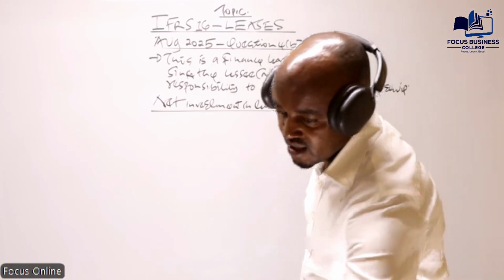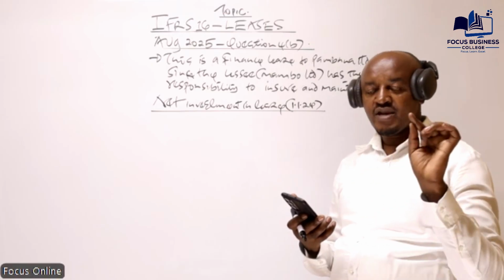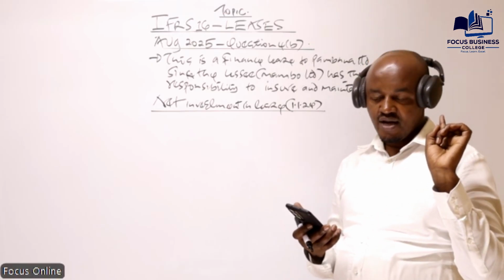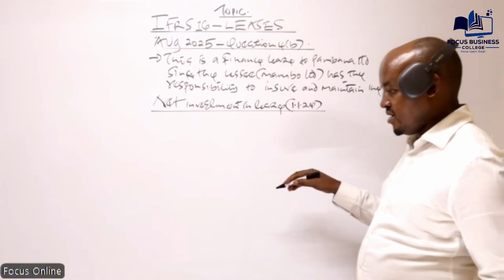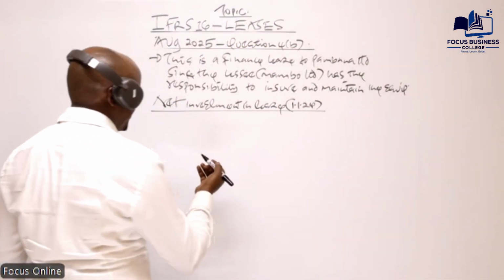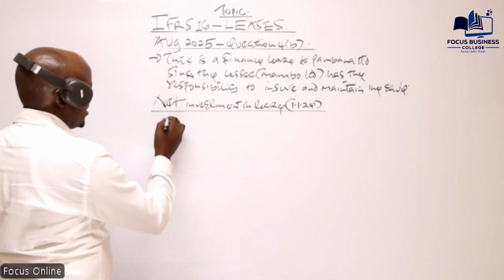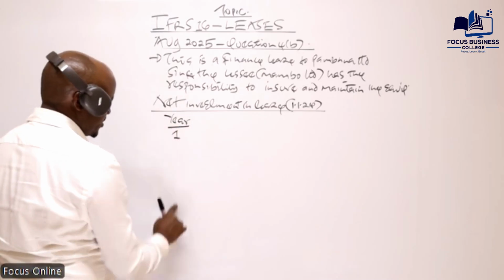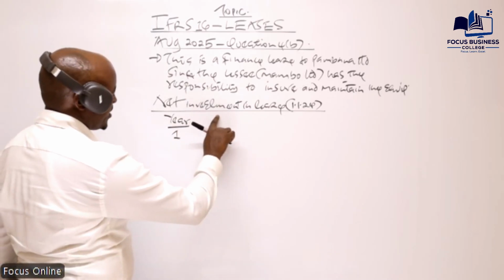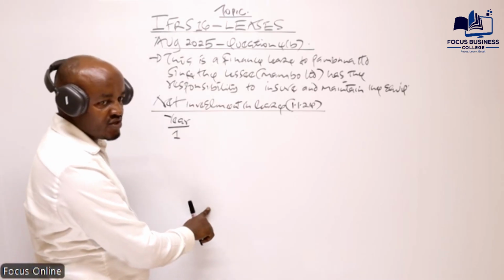But if you check our question here, we are given the present value interest factors from year 1 all the way up to year 6. So in terms of how we are going to compute this, we need to have a table here, using the values we are given. We are going to have year 1 up to year 6, and then the lease rentals to be received, including the guaranteed residual amount.